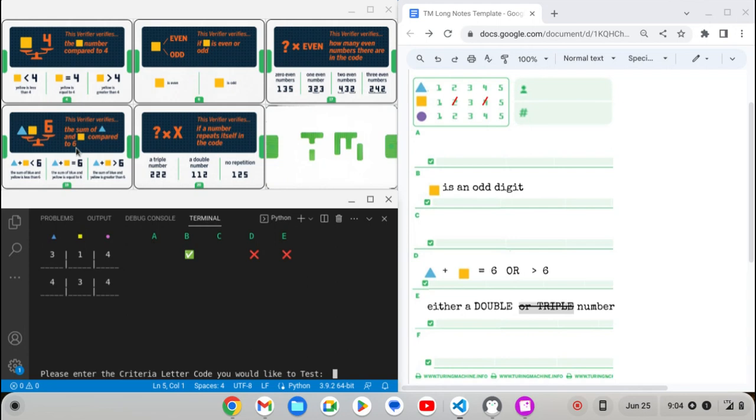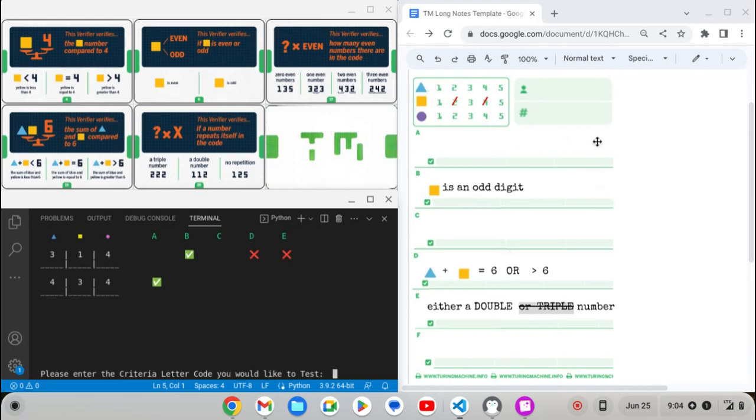Let me go ahead and do that. Let me test A first. Okay, so yes, it's correct. My square digit is 3, which would mean that the square is less than 4.